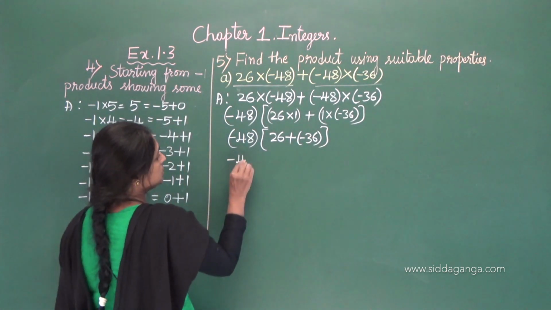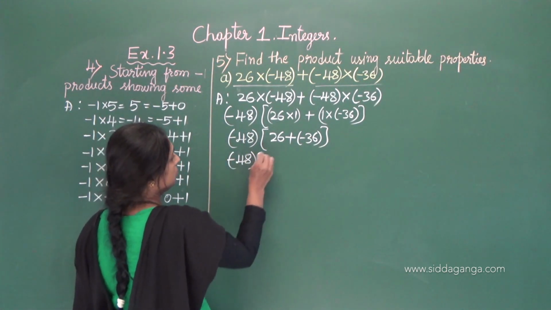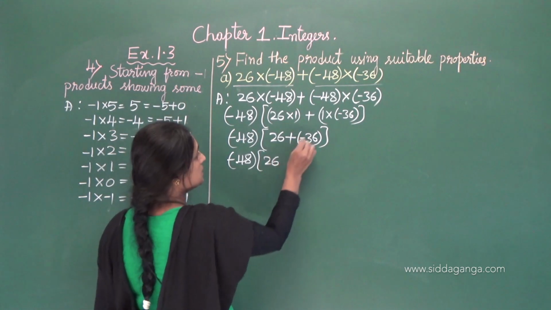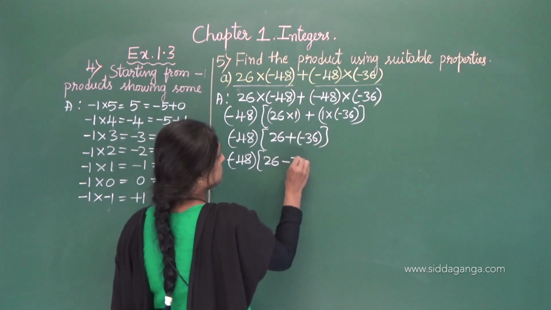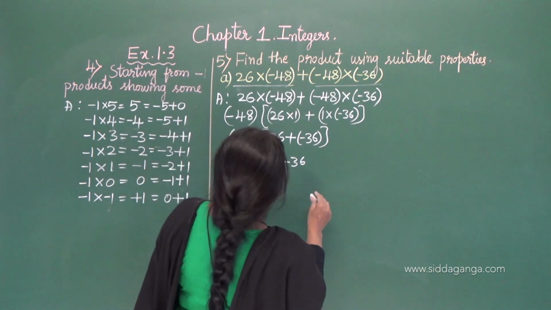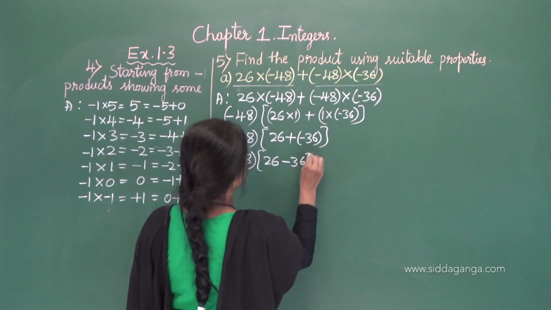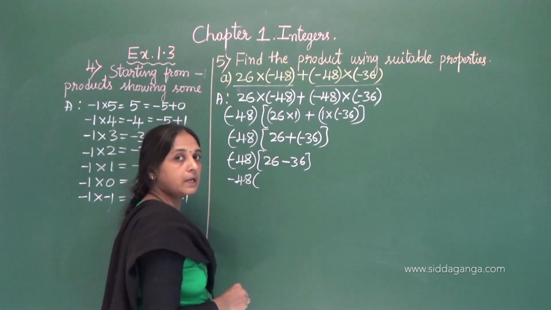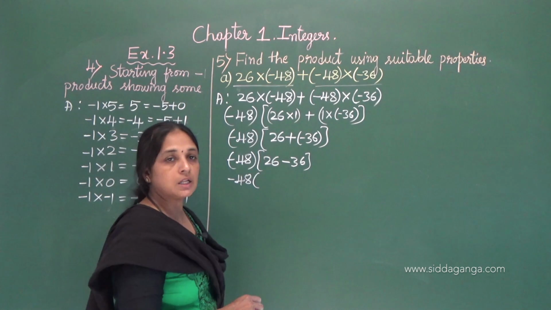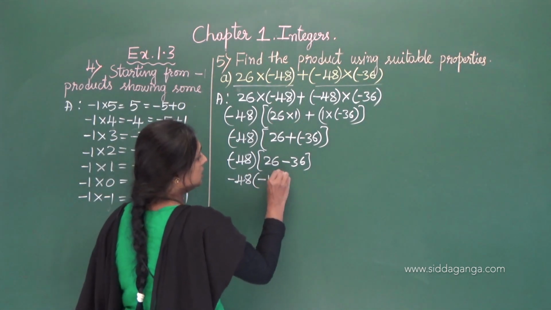Okay, minus 48 into 26, take out minus 36 from the bracket, plus into minus is minus 36. Okay, minus 48, and what we get in the bracket, 26 minus 36 is minus 10.